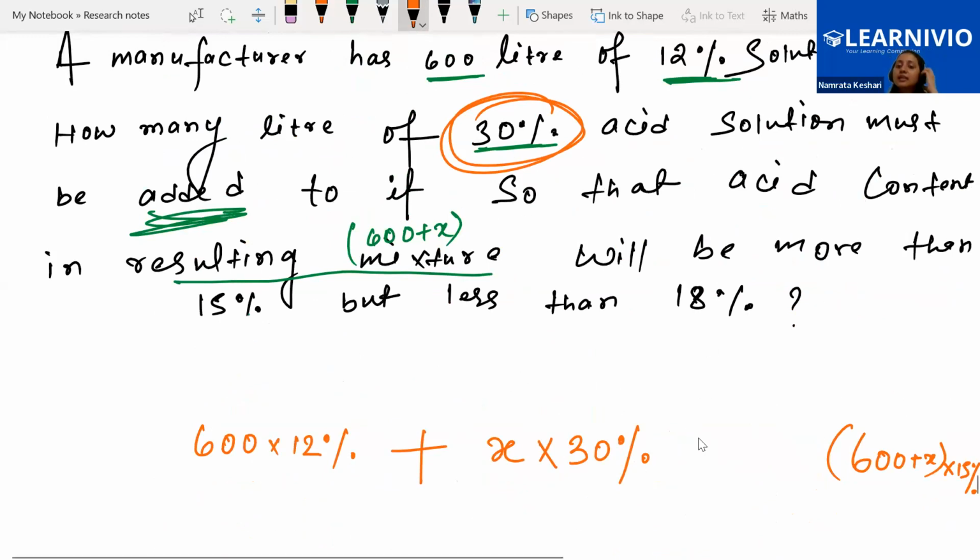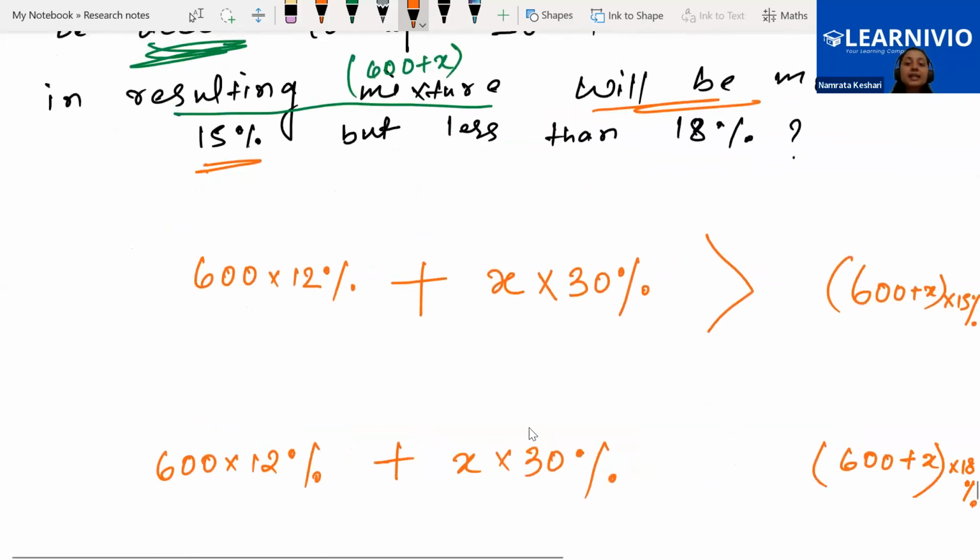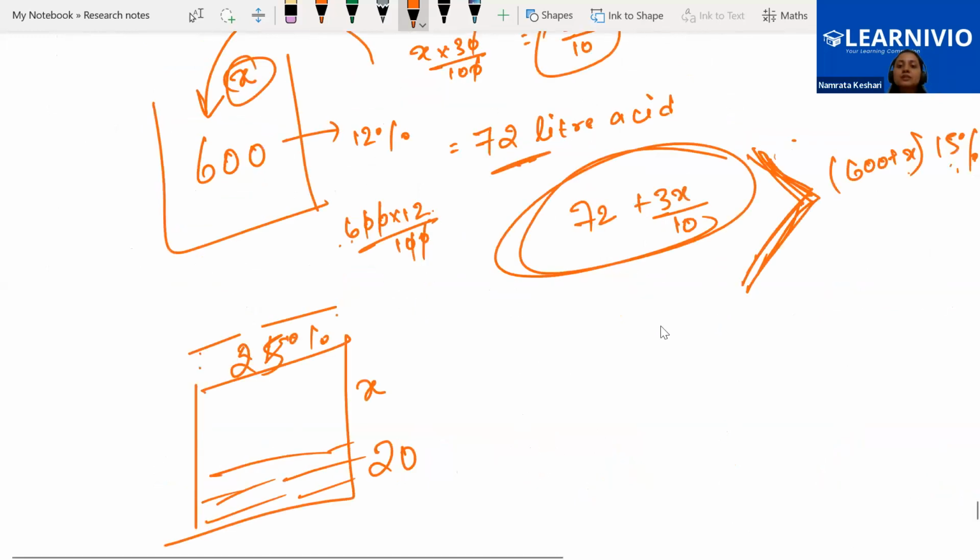So that's what it says: whatever acid we are having will be more than 15% of total, but less than 18%. We will solve these two inequalities. Already we have solved the first part. Here we have got 72 plus 3x by 10.